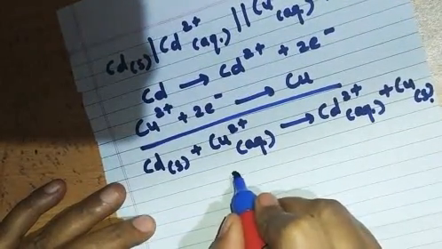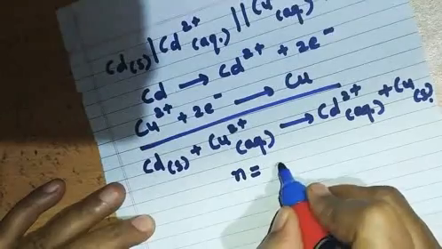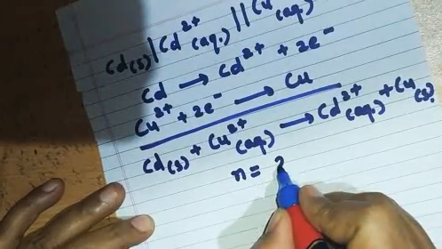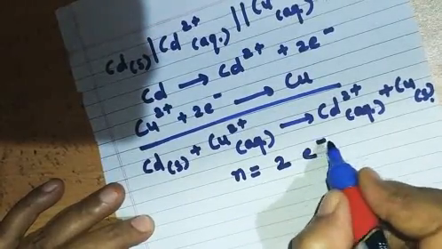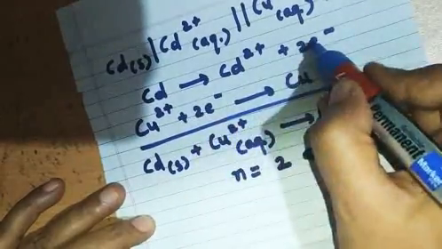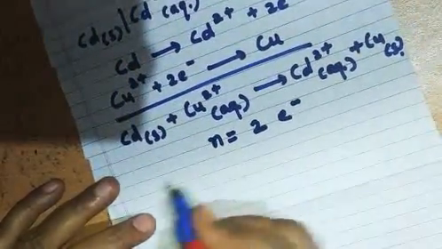In the above reaction, n is nothing but the number of moles of electrons. It is 2. There are 2 electrons involved in this reaction.